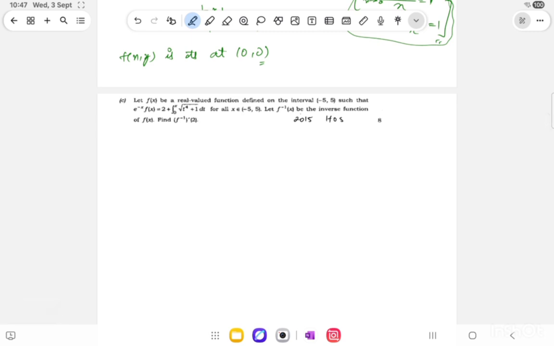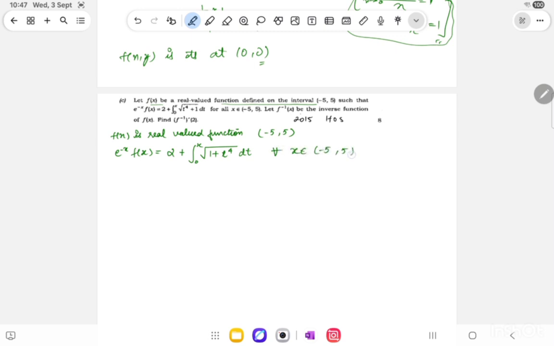The next question says that f(x) is a real valued function, defined on the interval (-5, 5), such that e^(-x) f(x) is equal to 2 plus the integral from 0 to x of root of (1 + t^4) dt, for all x belonging to (-5, 5).